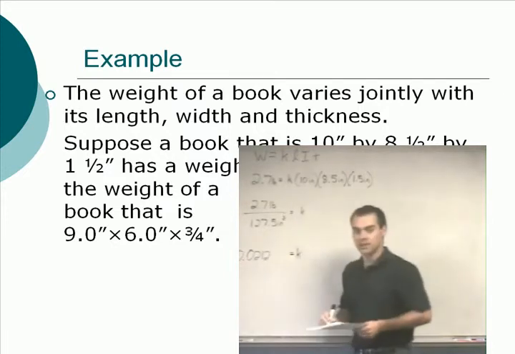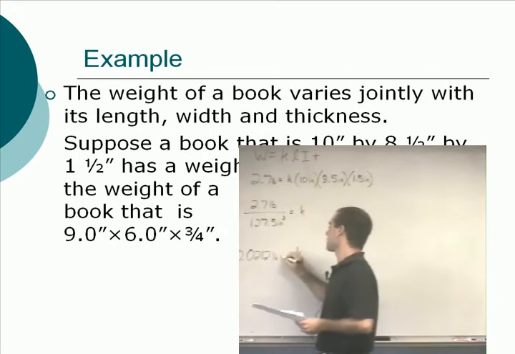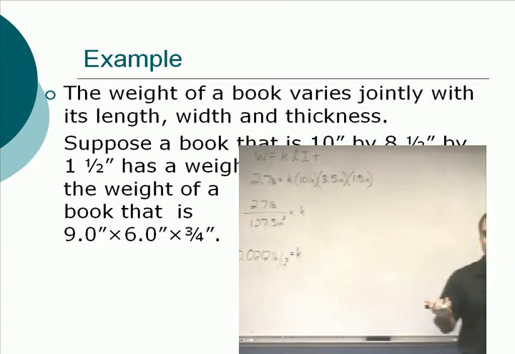And what are your units on K? Pounds per inch cubed. So usually you can think of K as a meaningless number, but K does always have meaning. What does K represent in this scenario? It's in pounds per cubic inch, so that's telling you what about this book?